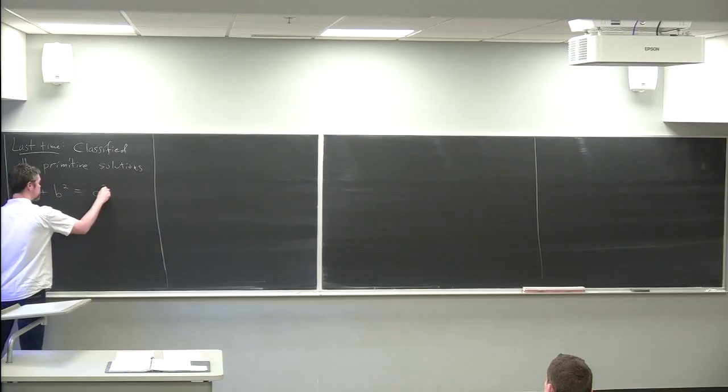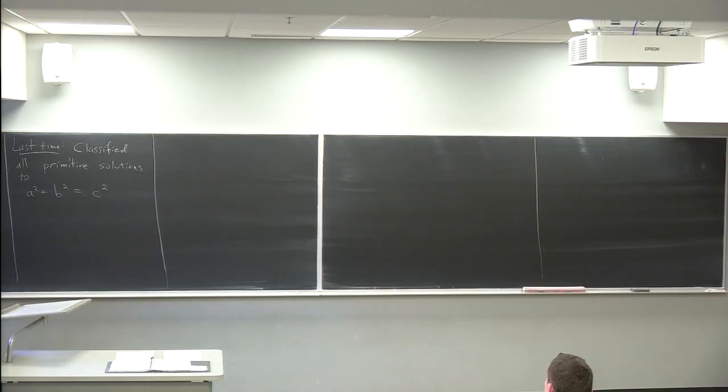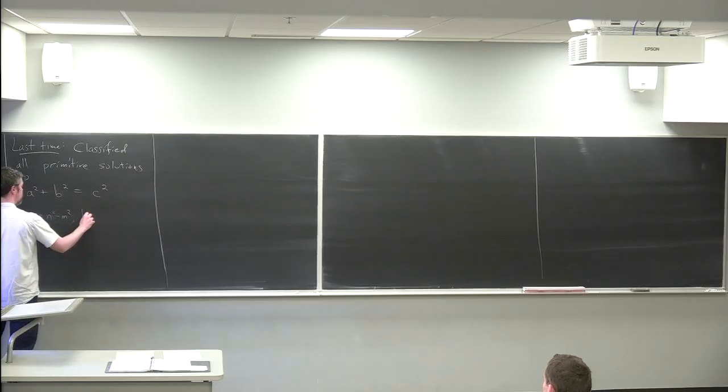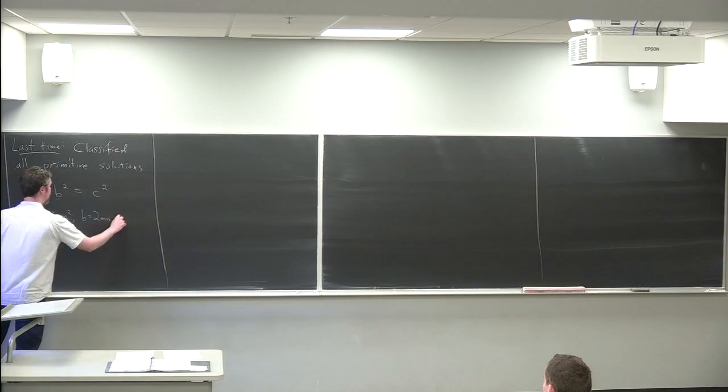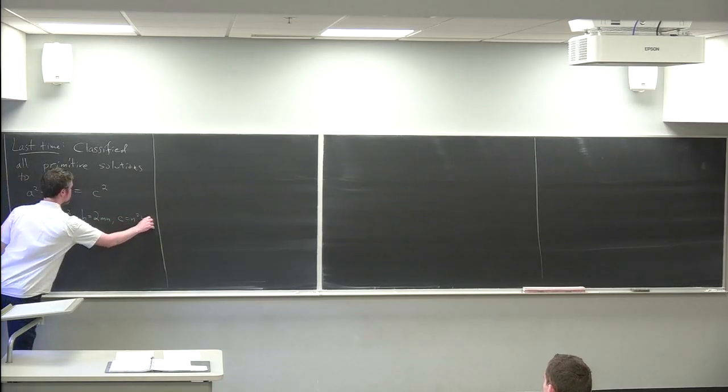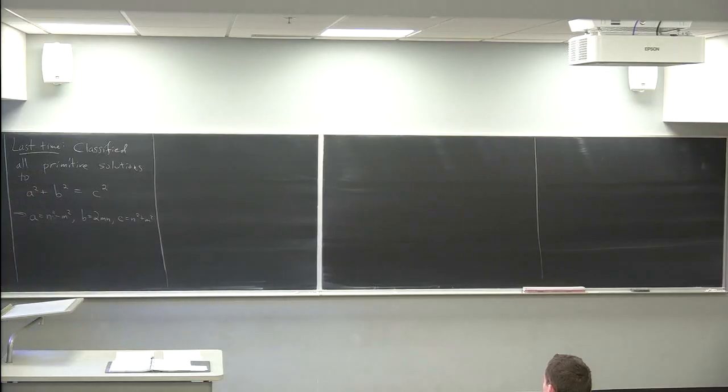We called those things Pythagorean triples, and by primitive we meant solutions where there was no common divisor amongst a, b, and c. Anyway, what this led to, I'll just remind you, is formulas that looked kind of like this. So we had a was n squared minus m squared, b was 2mn, and c was n squared plus m squared for certain integers m and n.